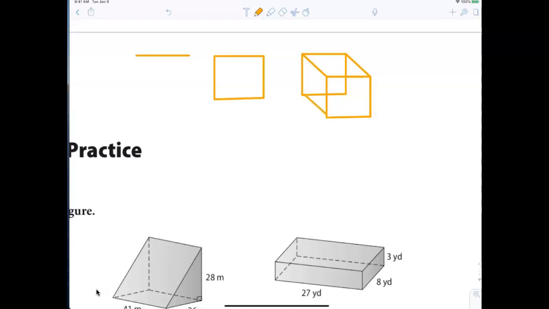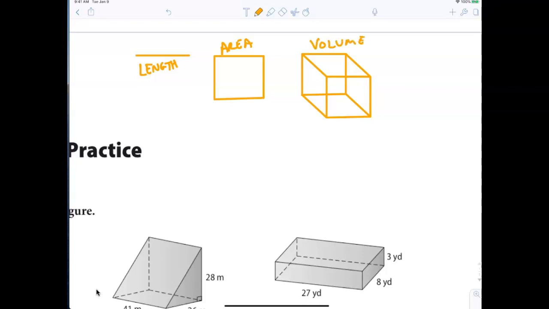All right, so just as a visual here, you would say that this measures length, this measures area, and this measures volume.